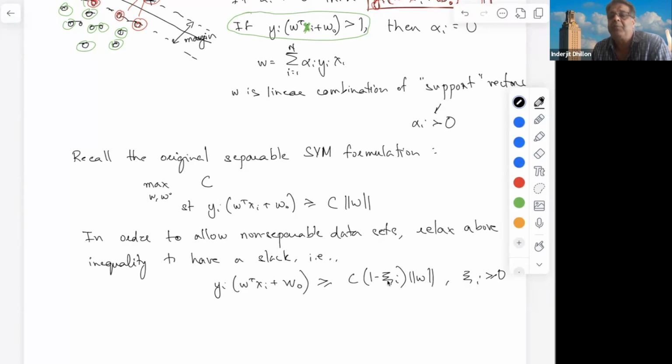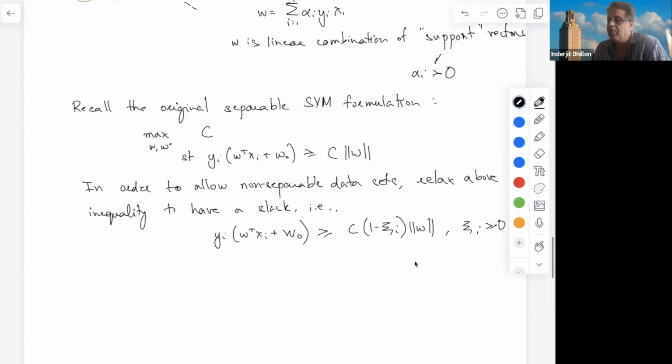And then as you make it bigger than 1, then we assume that some points could be incorrectly classified by the hyperplane. Okay? So if I now make this change, then same as earlier.